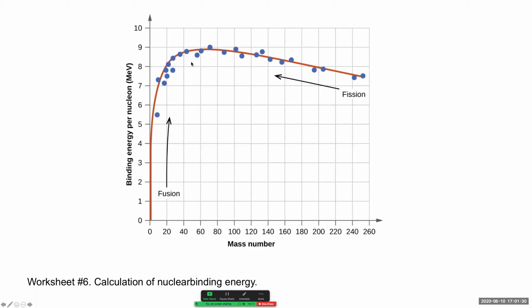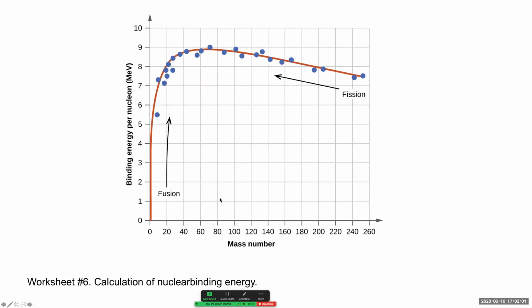And that element happens to be iron. So a lot of people consider iron to be the most stable element. I'm not sure if that has anything to do with the fact that the Earth's core is made out of iron. I don't know, maybe it does. But the nucleus of iron atoms is the most stable nucleus.